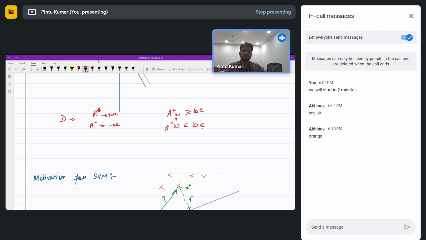So you can suitably scale it to A plus times some new W star, which is greater than B plus E. And similarly over here.